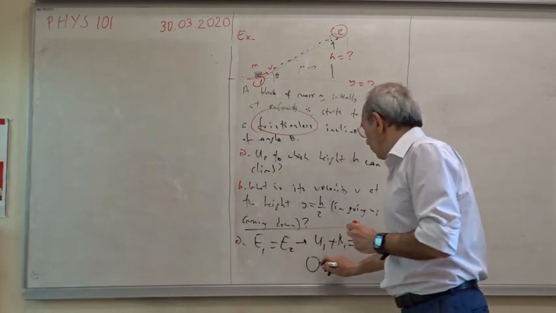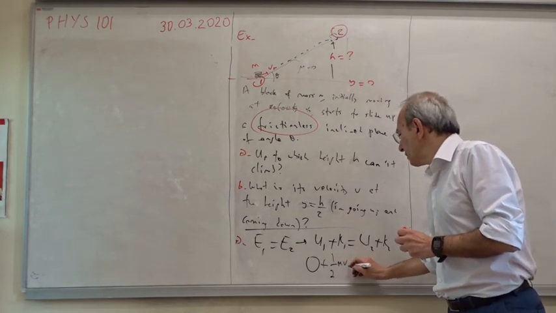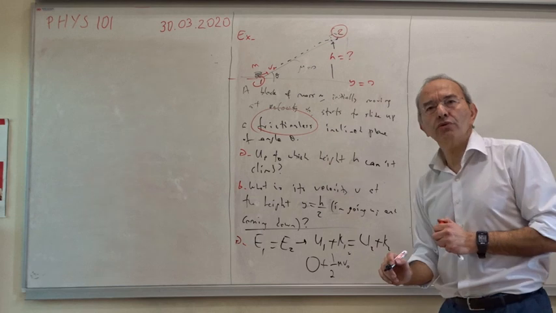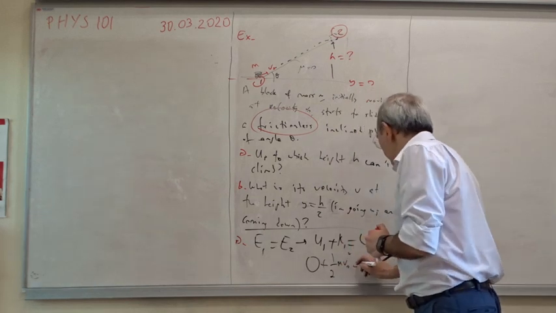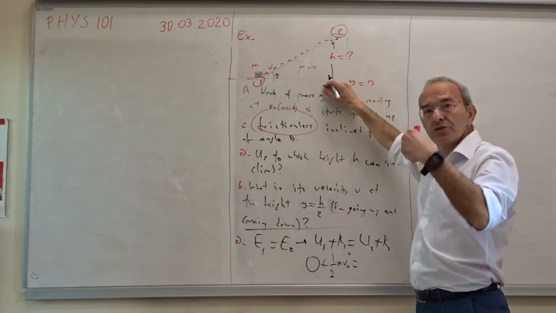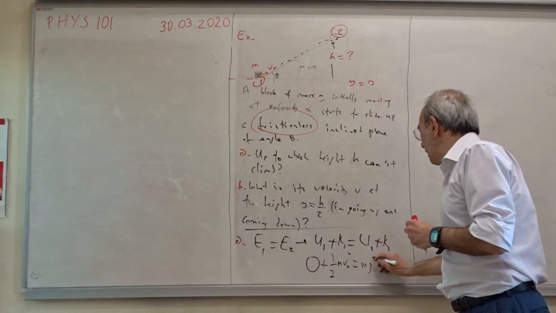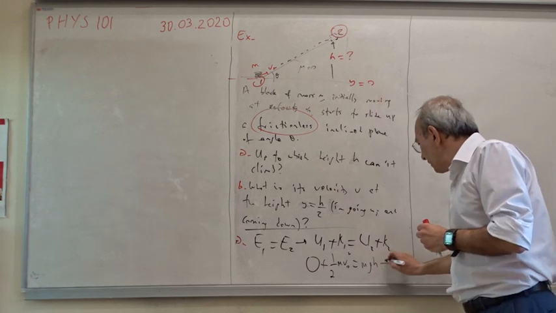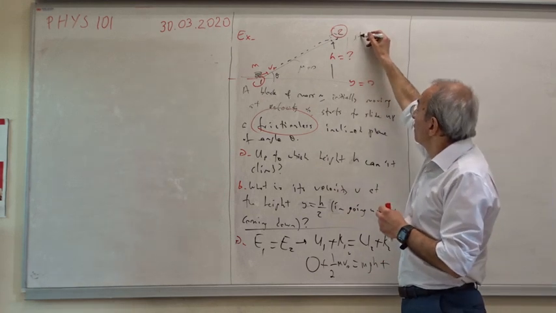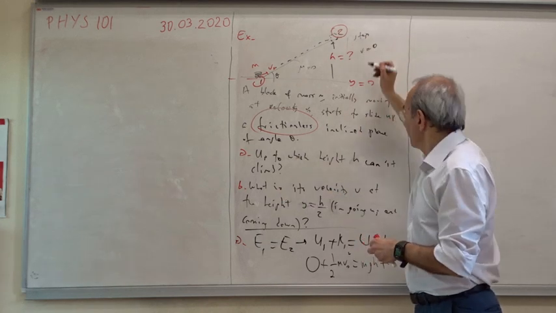U1 is 0. What is the kinetic energy at the beginning? It has 1/2 mass and velocity v0 squared. But what happens at the end? It has a certain height measured from the 0 reference, so it has mass times g times this unknown h. But since it stops here for a moment and then comes back, v is 0.